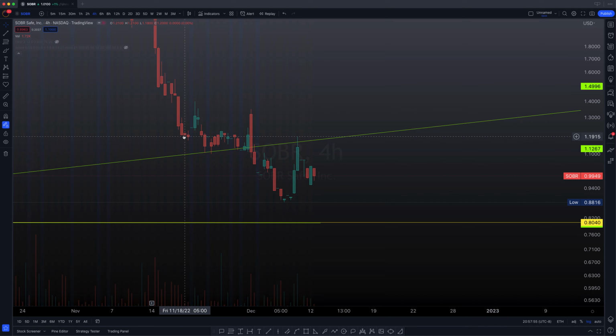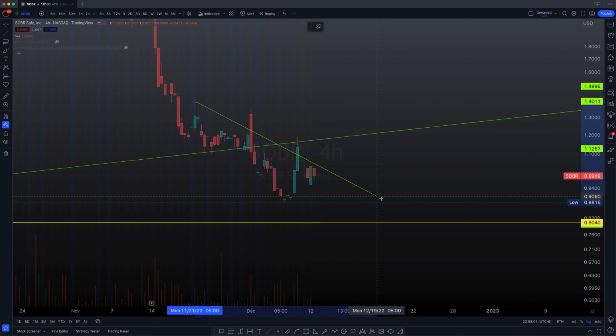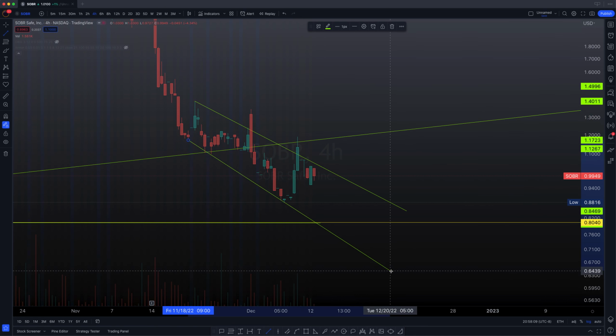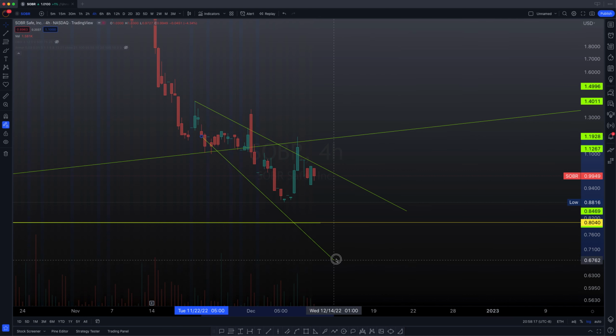Okay, so I can already see that we're in a descending broadening wedge here on the 4 hour chart. So we can actually make a quick little drawing like this. This is going to be very discretionary, please mind you. Okay, so now we can take the other trend line and make it just like this. Actually, we'll put it from potentially this here, which actually could be modified to, yeah, that's looking a little better.